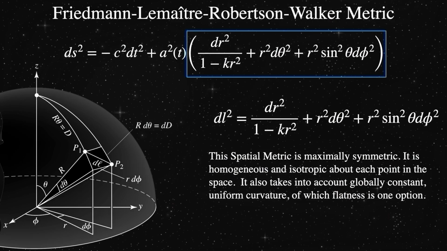First, we note that the signature stays with the pseudo-Riemannian signature minus plus plus plus, as can be quickly seen. Next, we've allowed the flat spacetime to also have a uniform curvature, which is encapsulated in the denominator for the dr squared component. This brings in our spatial metric from before, and just to make things deliberately confusing, I've converted back to using the reduced circumference coordinates for the spatial metric.